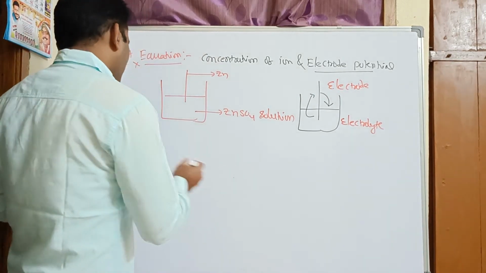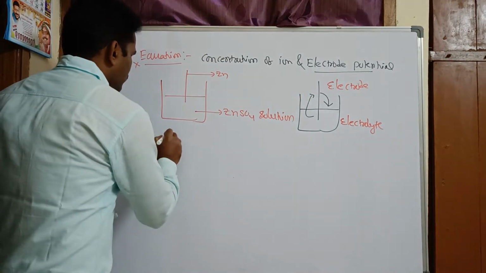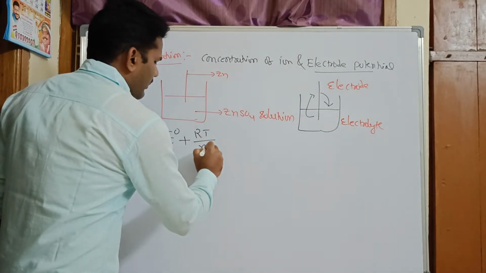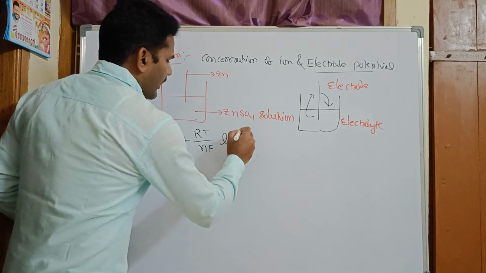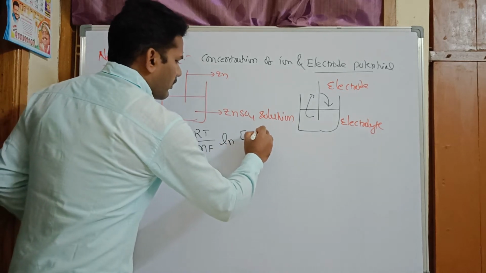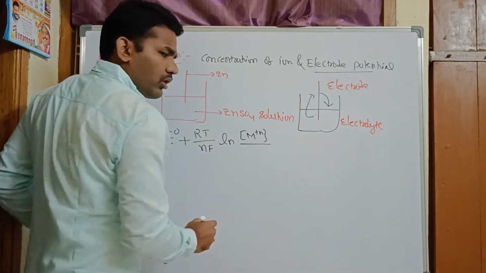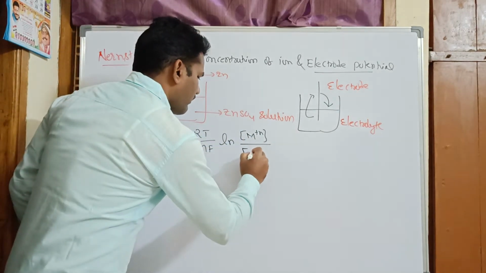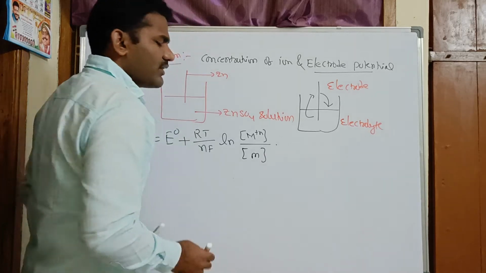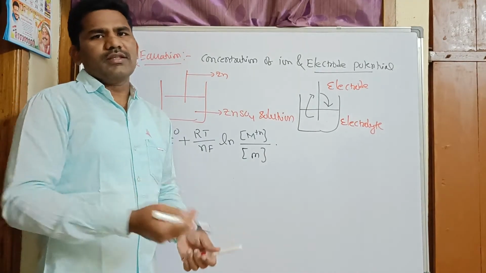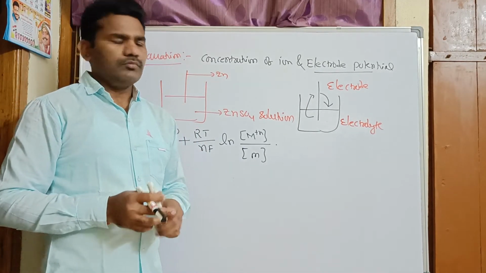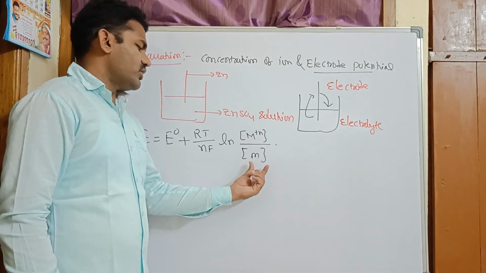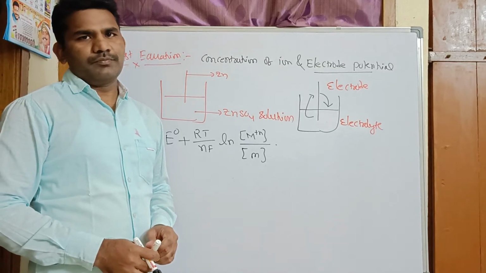The Nernst equation can be written as E = E naught + (RT/nF) ln [M^n+]/[M], that is, the metal ion concentration divided by the metal concentration.